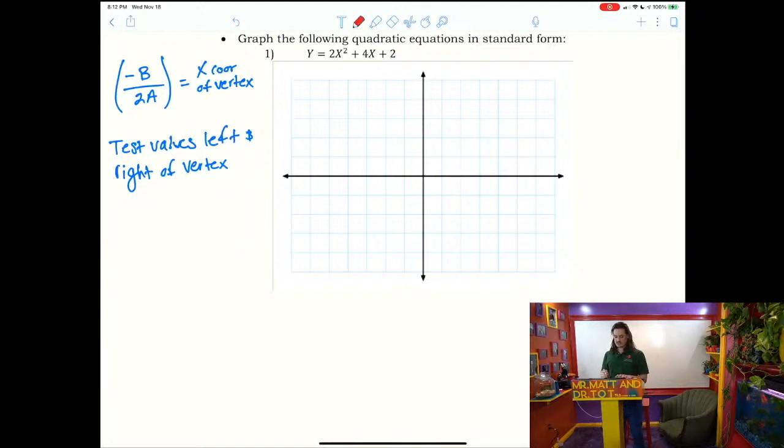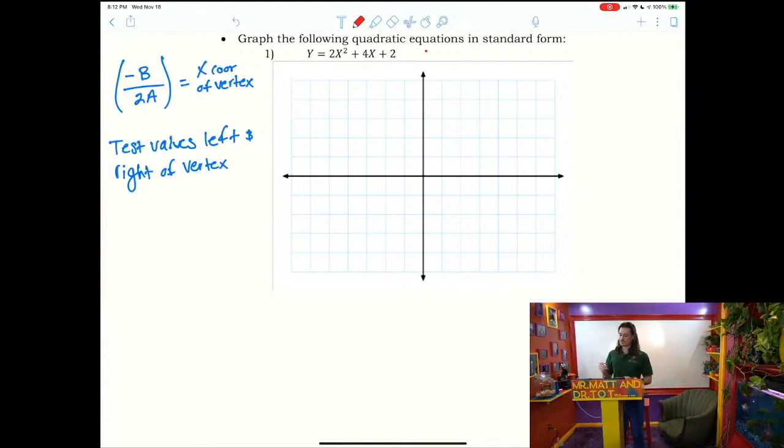Okay, so looking at this equation, we have y is equal to 2x squared plus 4x plus 2. So a here is equal to positive 2, b is equal to positive 4, and c is equal to positive 2.